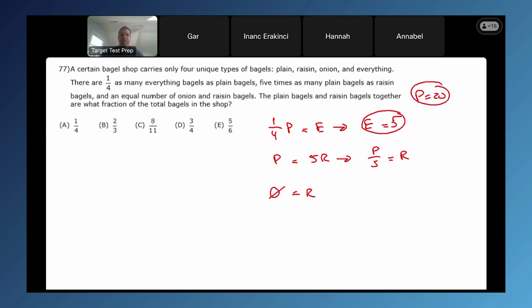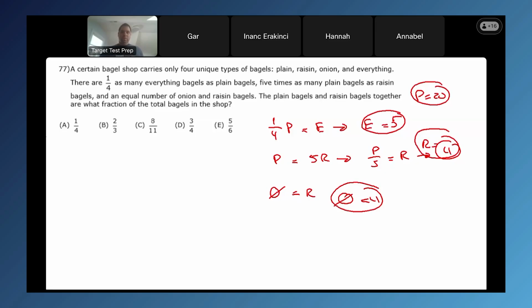Raisin would be 1/5 of that, which is 4. Then onion equals raisin, so of course onion is equal to 4 as well. So we kind of have what we need there also, right?